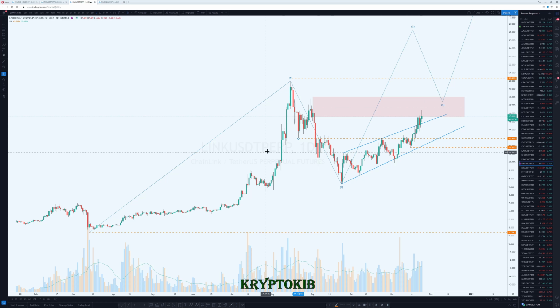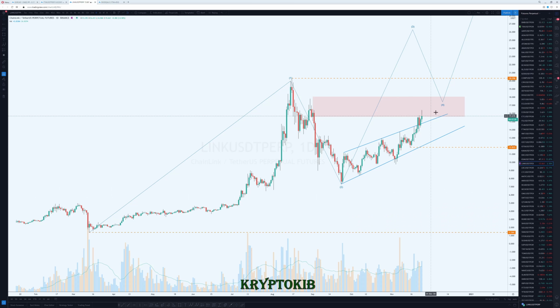Some people are selling because they believe this market structure has reversed, but then this is what we had: A, B, C. So from the C, the correction for this entire wave 1 is in and organic, and I expect a wave 2 to 3. So what we have because of this pattern is this: the pattern is bearish, yes, but then we have higher highs and higher lows.